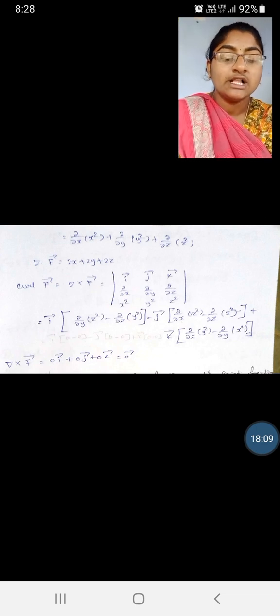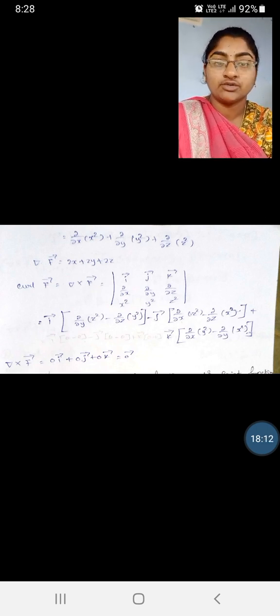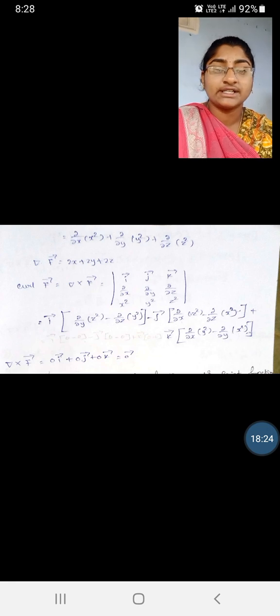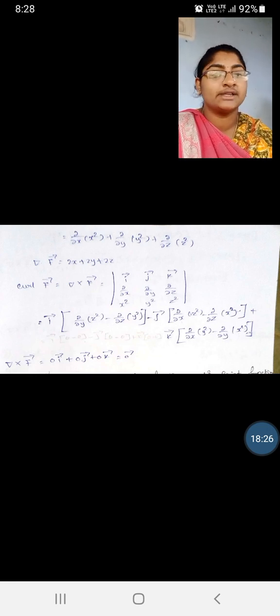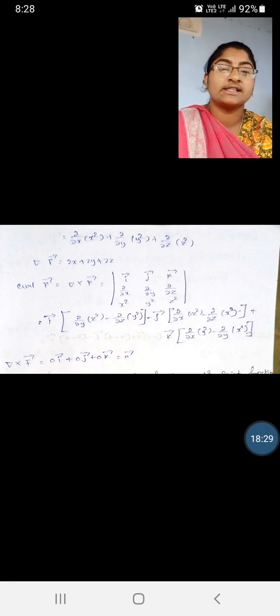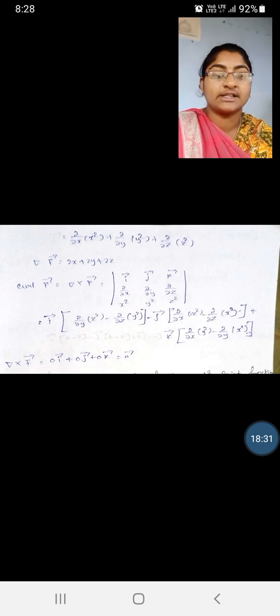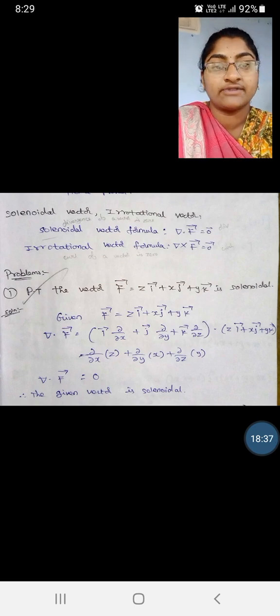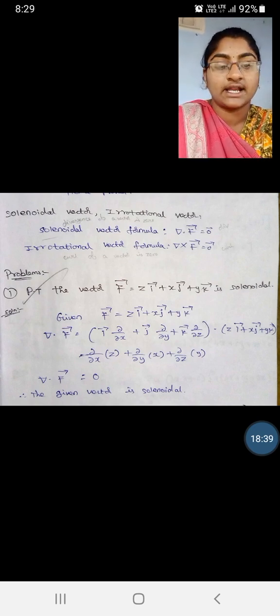We know the formula, with i vector, j vector, k vector, tau by tau x, tau by tau y, tau by tau z, and for f1, f2, f3, I can substitute x square, y square, z square. Now, I have to expand it, and all will become 0. So, del cross f vector is equal to 0 i vector, 0 j vector, 0 k vector. So, the answer is 0. That's how we can find the value for divergence and curl.